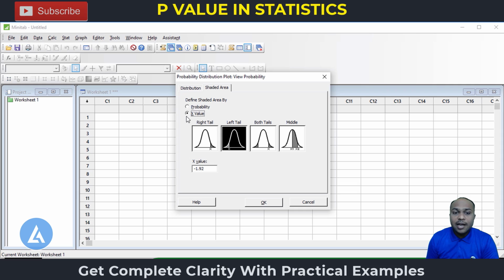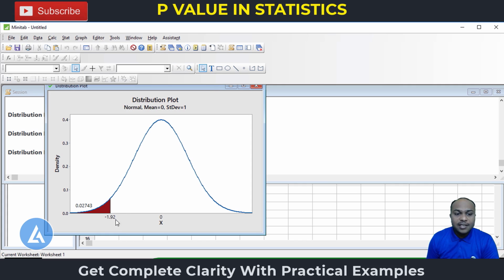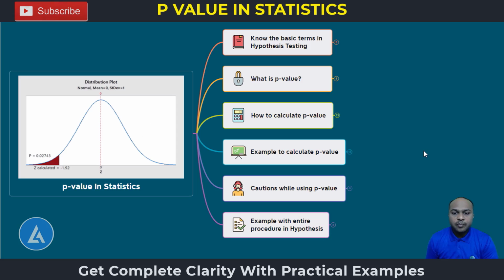Put the calculated test statistic here, which is minus 1.92, select left tail and click OK. So you will be getting this distribution. At minus 1.92, the calculated test statistic, we get the p-value of 0.02743. This is again exactly the same as what we got from Minitab, Excel, as well as the standard normal table. So these are the multiple ways by which we can calculate the p-value.